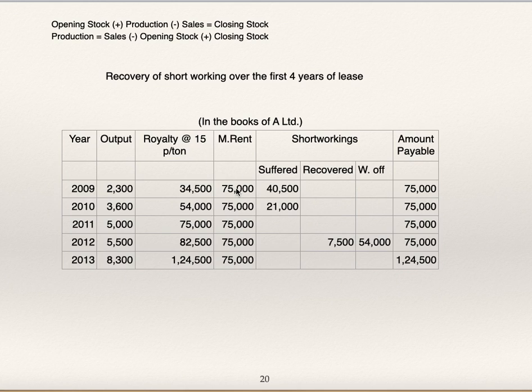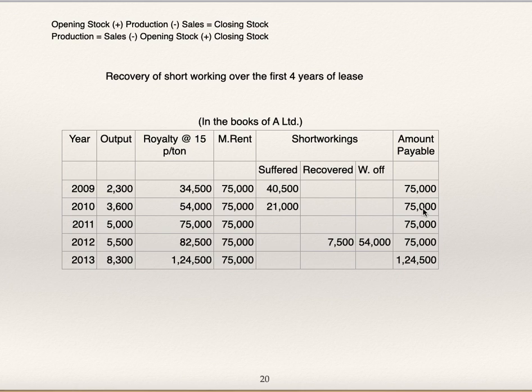Minimum rent is 75,000. Short workings, you will have 3 columns: suffered, recovered, written off. Compare these two figures. Minimum rent is more, so that means he has suffered. Difference in these two is 40,500. Amount payable is 75,000, whichever is more. Next year, again minimum rent is more, so he has suffered. Difference in these two is 21,000, that is 75,000 minus 54,000 is 21,000.